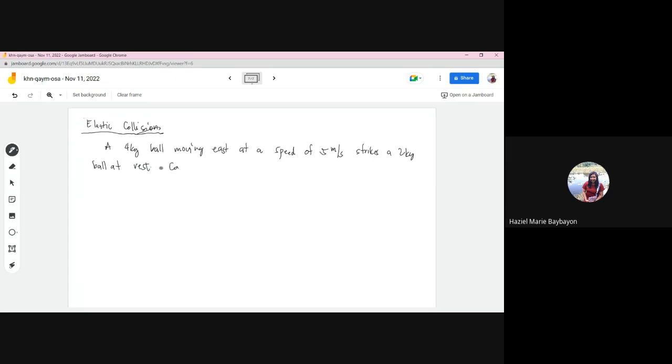Calculate the velocities of the two balls, assuming an elastic collision.